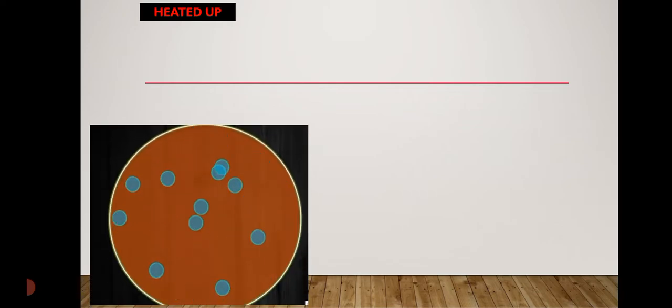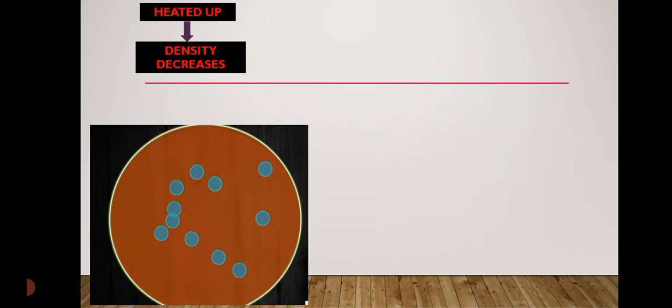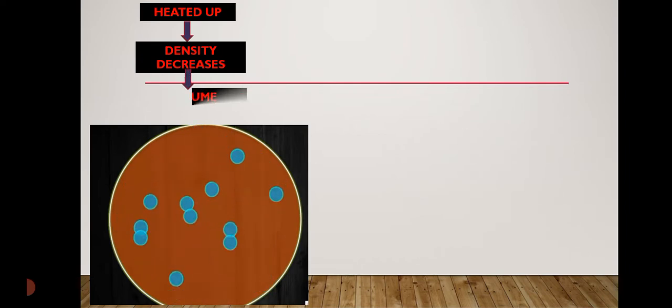Whenever we heat up any liquid, as you have seen in the previous slide, where the molecules were moving with the normal velocity, but when we heat up any liquid, they gain more kinetic energy, they start moving faster and they start expanding. When we heat up any liquid, it starts expanding, and when it's expanding, it means its volume is increasing.